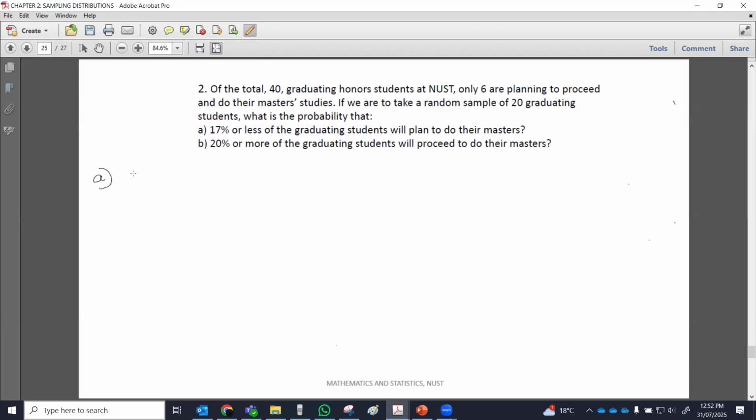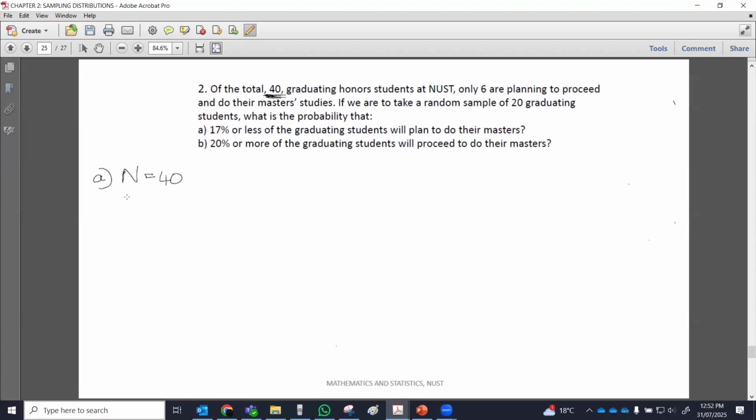First thing is we must always write down our information. So this 40 here, this is the total because altogether there's 40 of them. So this is our big N. N is equal to 40. That's the total in the population. The graduates, there's 40 of them. Then it says that only 6 are planning to do their masters.